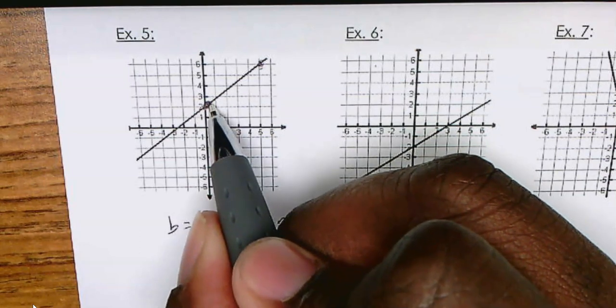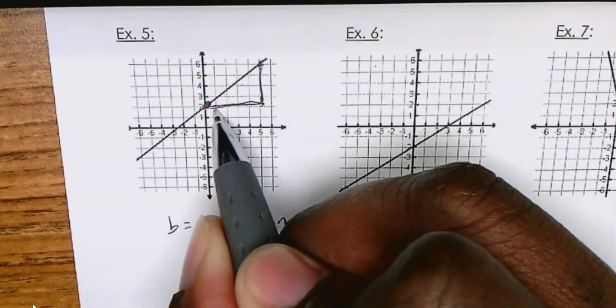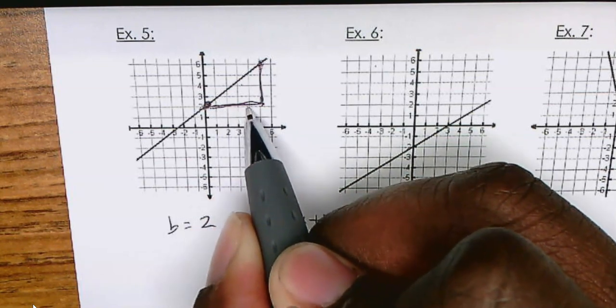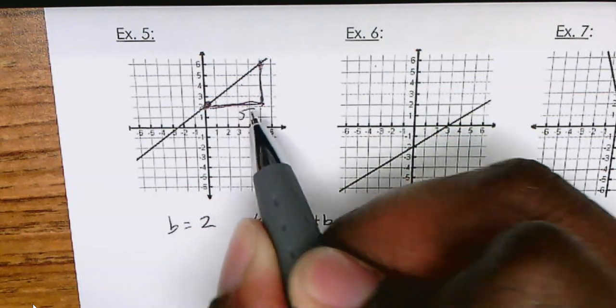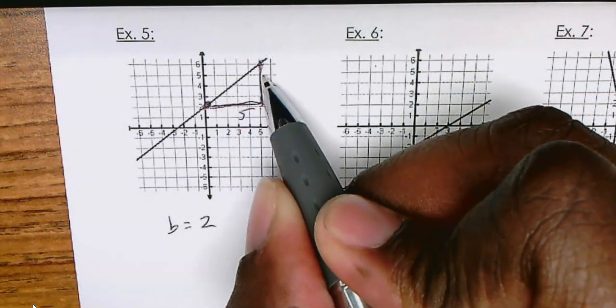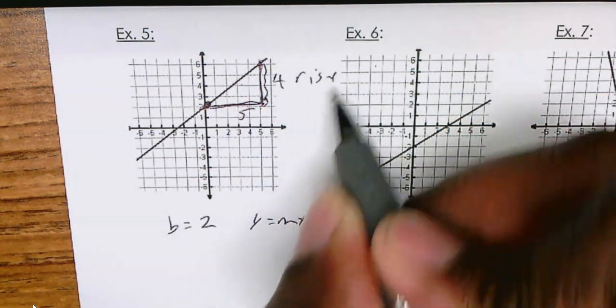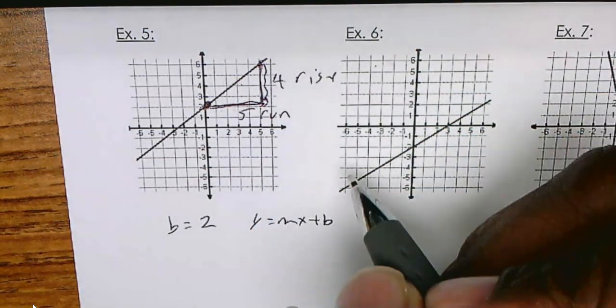So if I go over and up, I'll go over 1, 2, 3, 4, 5. So 5 to the right, so that's positive, and up 1, 2, 3, 4, so up 4. So I got my rise and my run in the x direction.